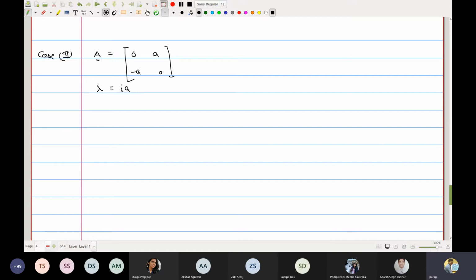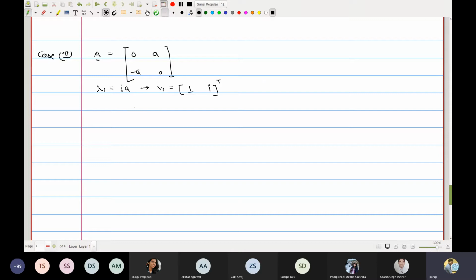And the corresponding eigenvector is (1, i) transpose. I emphasize that I expect you to know how to solve this, but this is not a math class anyway.